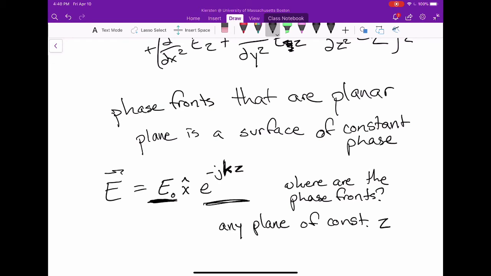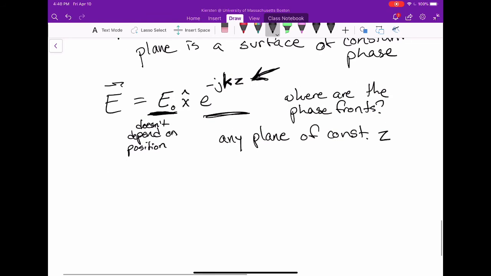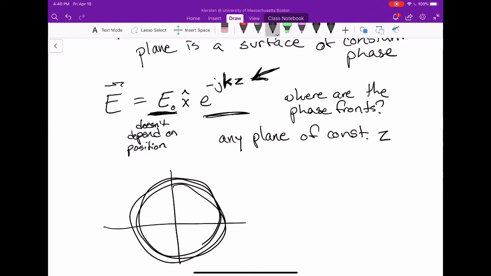It can be complex, but it doesn't depend on position. That's what a uniform plane wave is. The only position dependence is along the direction of propagation. So, as the phase progresses, as that e to the minus jkz term loops around the unit circle, you are moving forward towards positive z.